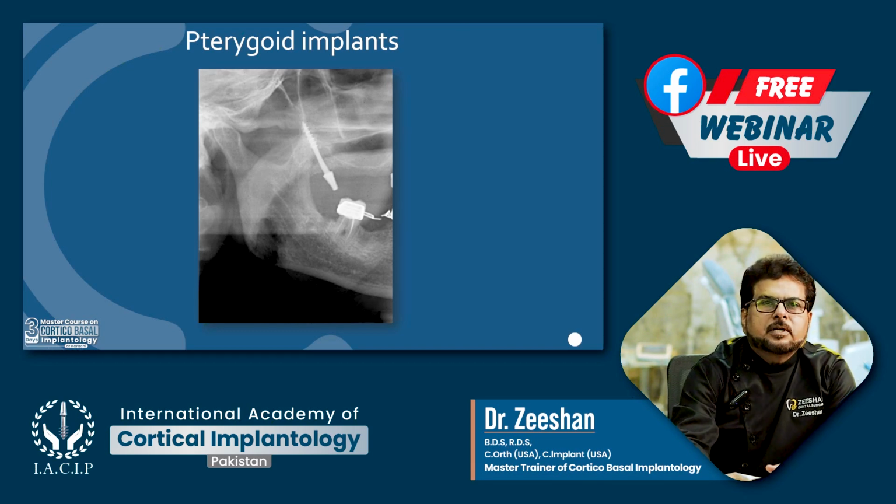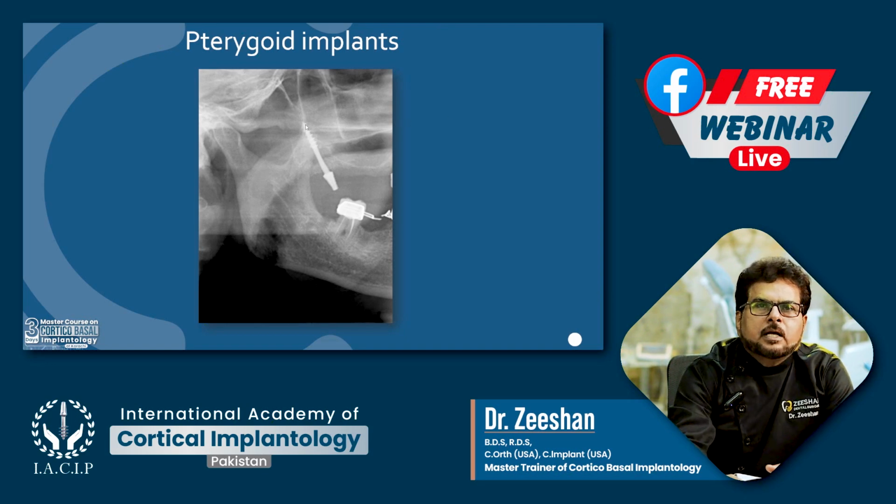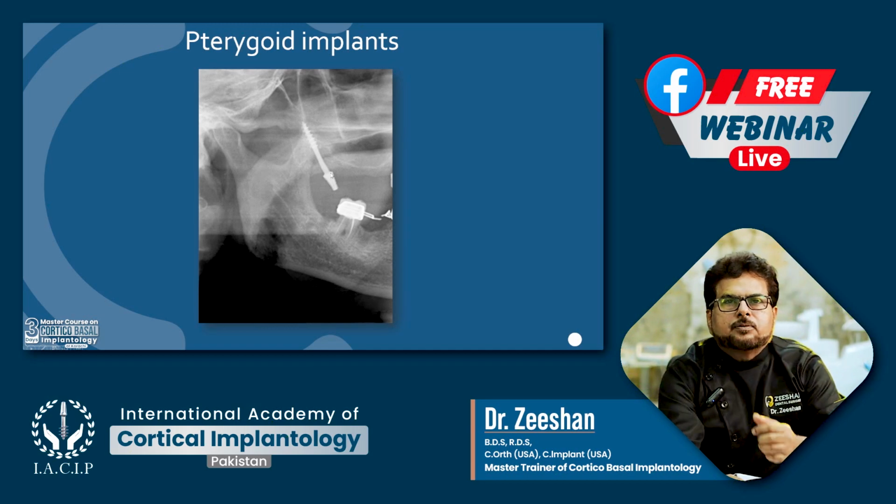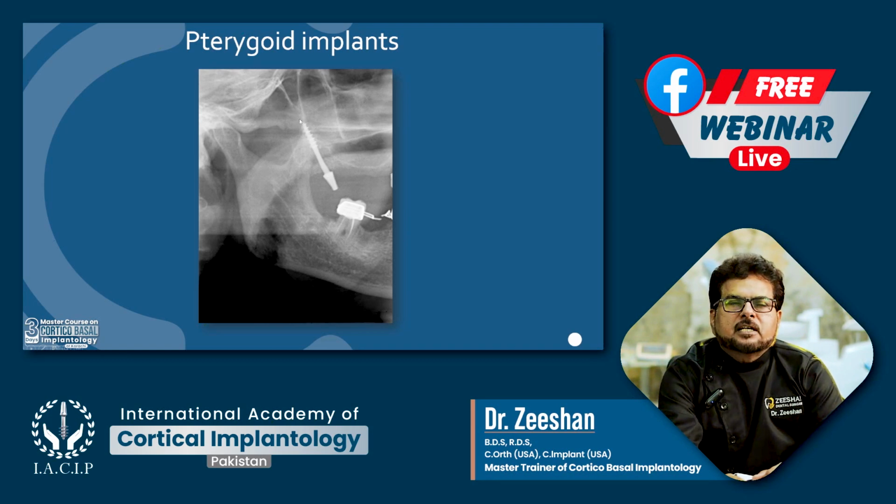This primary stability, when you achieve it at the second cortex, see these white lines, they are the second cortex, and the first cortex is right here where you start drilling. That's the crestal part of the jaw. So this is the first cortex and that's the second cortex.